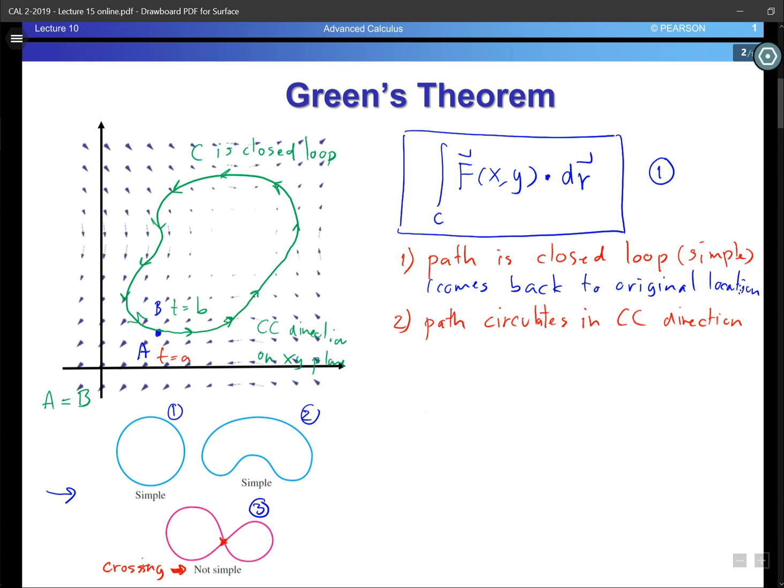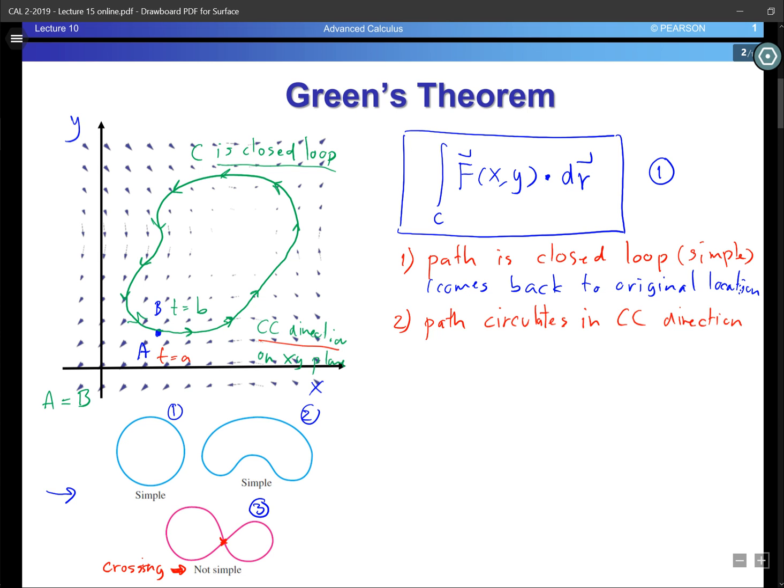So this is good. Looking at this graph on the left hand side, you see a closed loop. And this loop, the path circulates in counterclockwise direction. So we meet 2 conditions here. So we are allowed to use Green's theorem for this kind of situation.